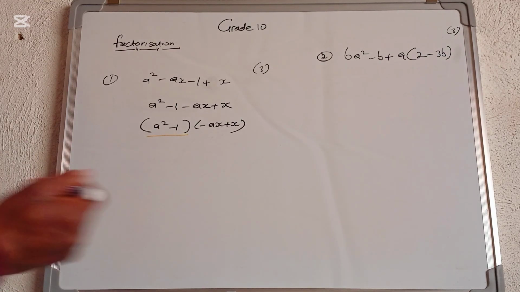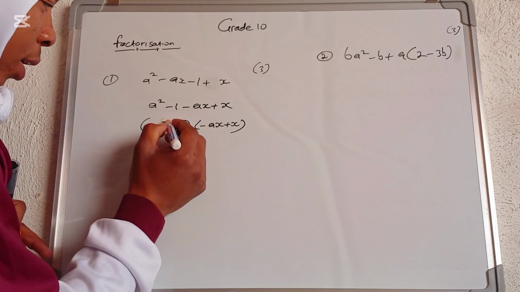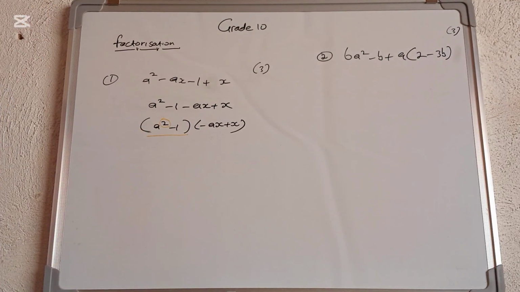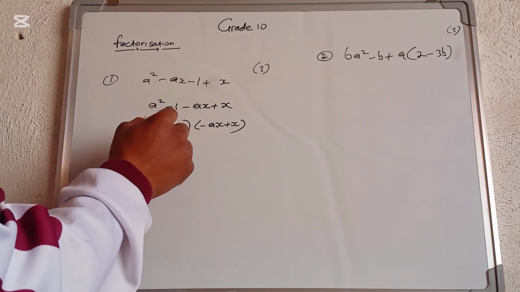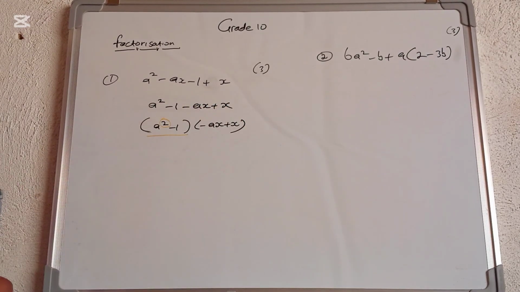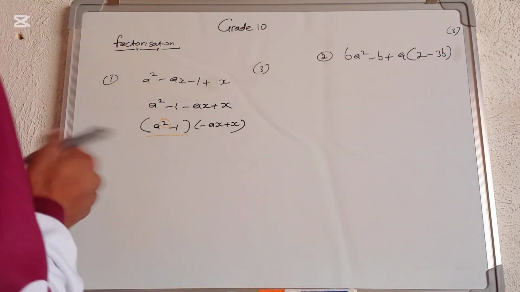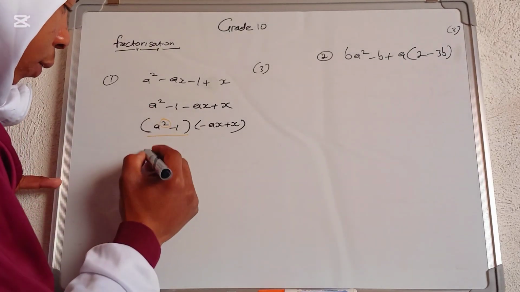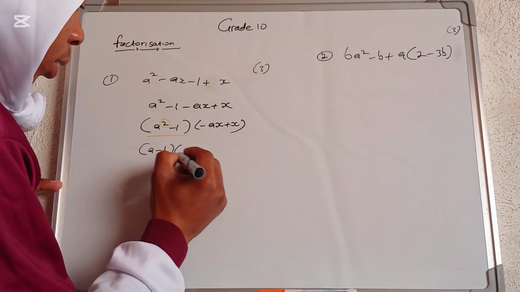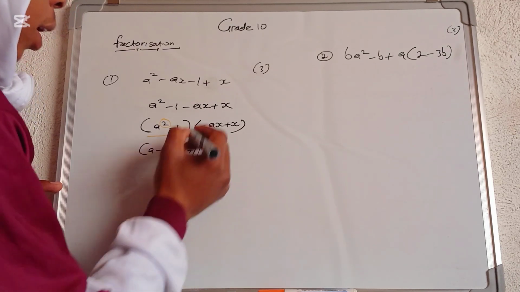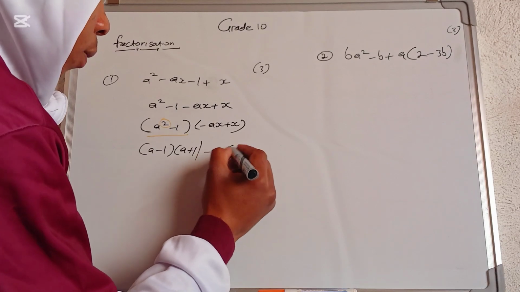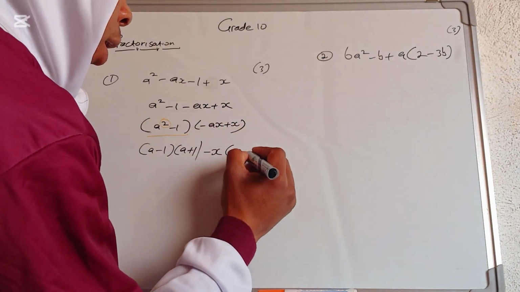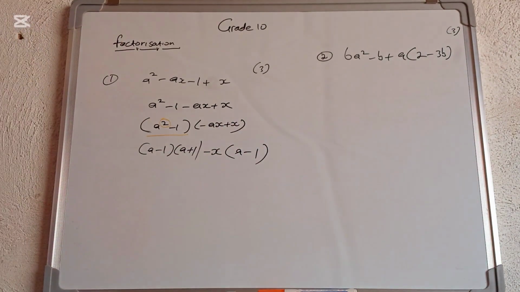But because it has a squared here, it simply tells you that you have to factorize it. So let's factorize this term and then take out the common factor on this other term. When we factorize this one, we're going to have a minus 1, a plus 1. And taking out the common factor on this one, it's negative x, whereby you're going to have an a and a minus 1.